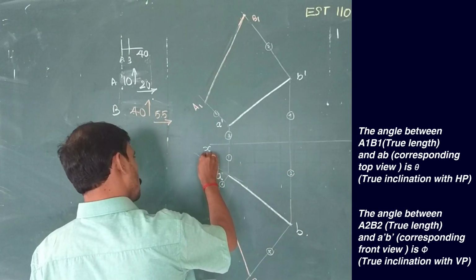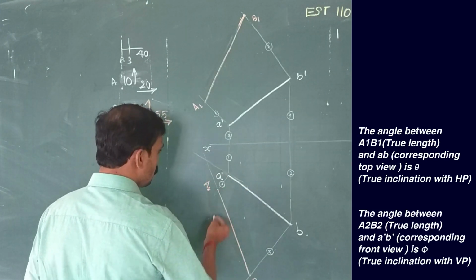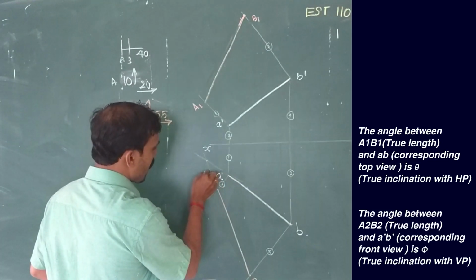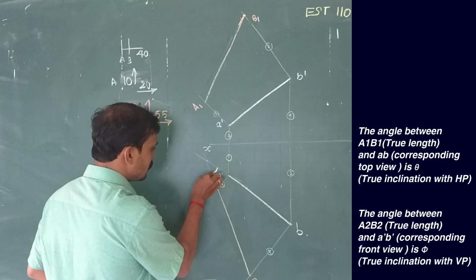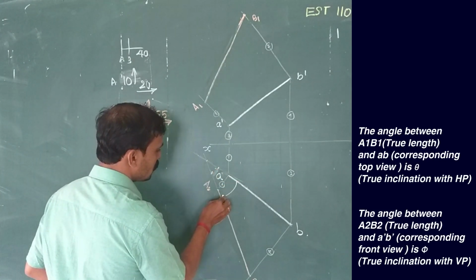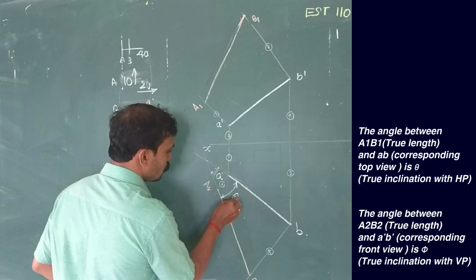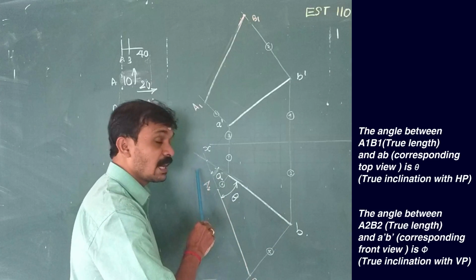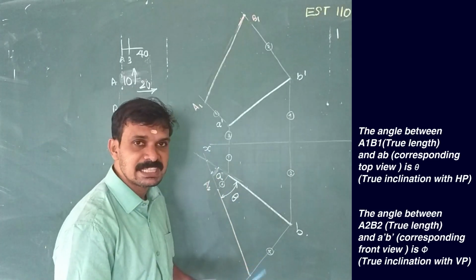You can extend A to B2 also, so that we have obtained an intersection point. So this angle will be equal to theta. The angle between the top view AB and the corresponding true length will be equal to theta.